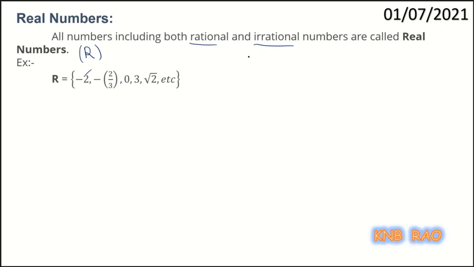Now, children, we saw for rational numbers Venn diagram, that we will draw for real numbers, and prior to that, real number set is subdivided into two sets called rational and irrationals.